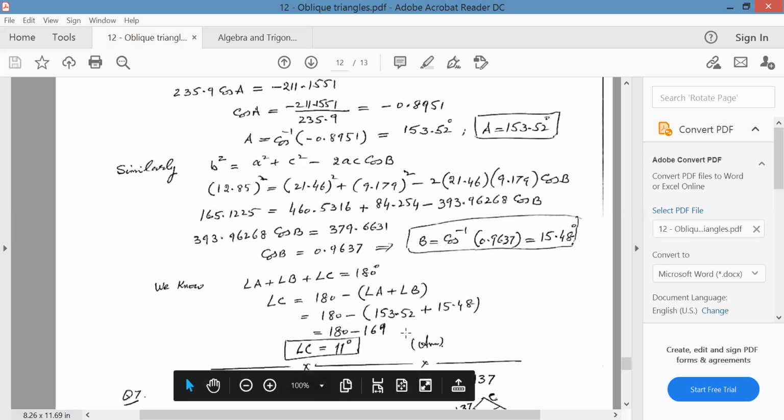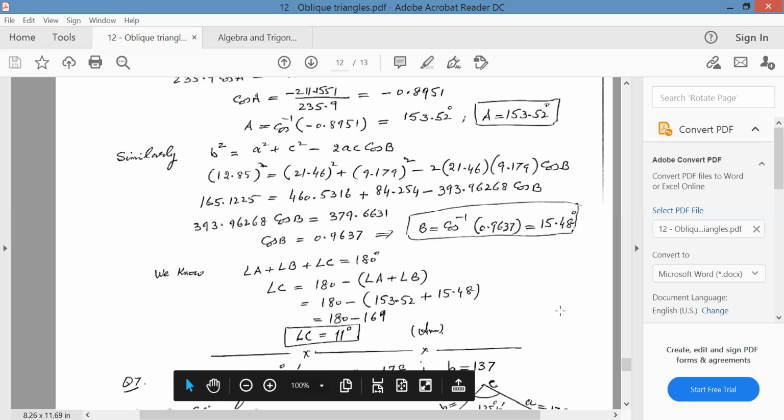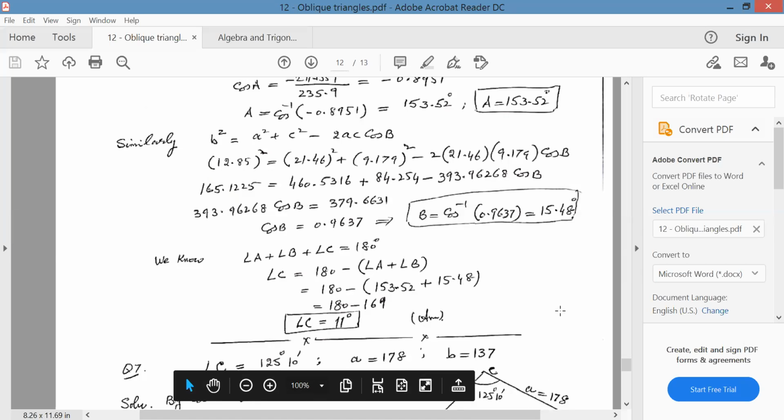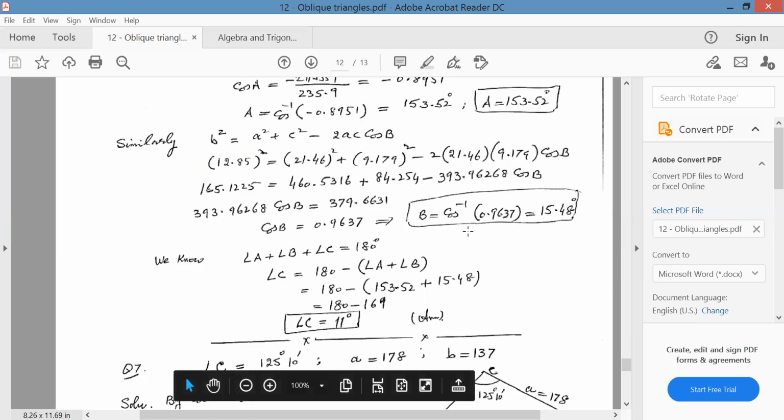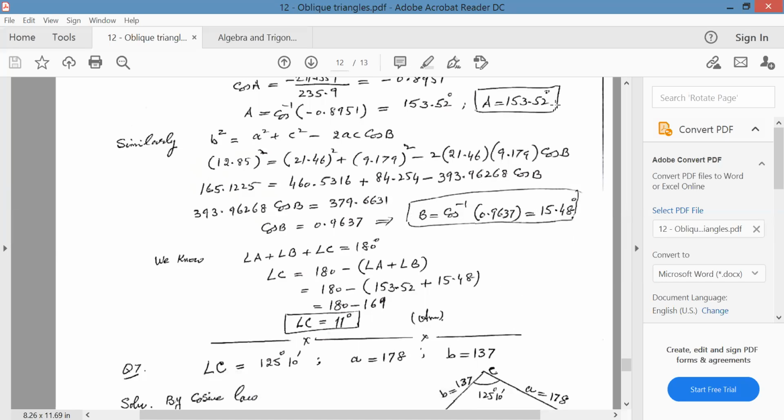After the summation, the answer is 169. Subtract it from 180, the answer is 11 degrees. 11 degrees is the angle C. The value of angle B is 15.48, and the value of angle A is 153.52.